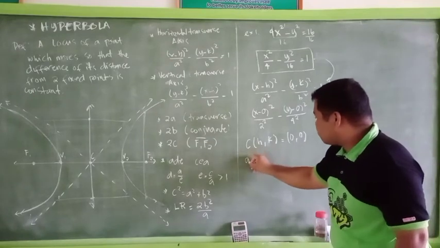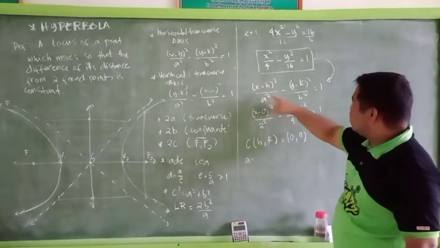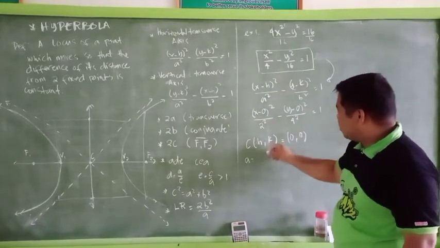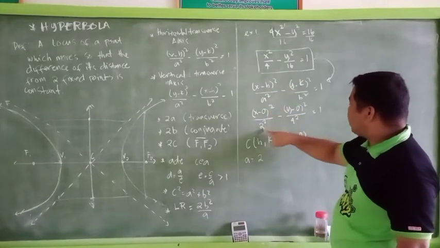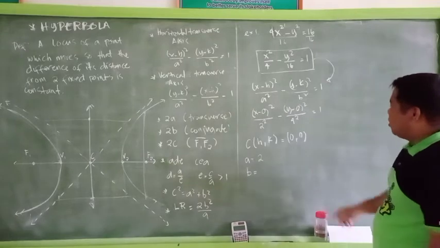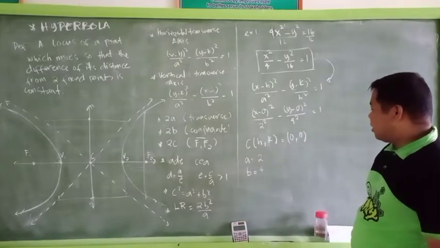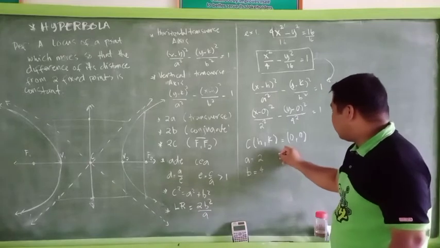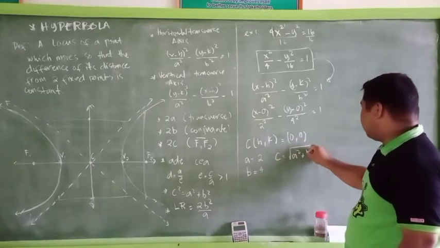Next is, let's have the a. What is a? Is it 4 or 2? Yes, that is 2. Kasi a squared is 4, therefore yung a natin is 2. Next, b. What is b? That is 4. So, meron tayong a na 2, tapos yung b natin is 4. Therefore, makukuha natin yung c, which is square root ng a squared plus b squared.